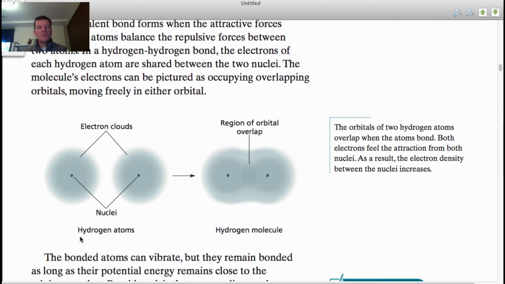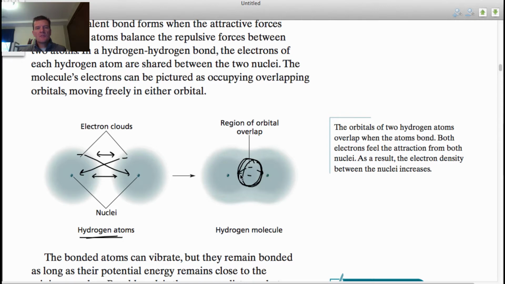So when two hydrogen atoms come close together, the electrons in one get attracted to the protons in the other, and vice versa. But the protons want to push each other away, as do the electrons push each other away. So they find that perfect distance, okay? If we could just stay at this distance, then we will be sharing, right here, we'll be sharing electrons in this region, and we'll both be attracted to those.